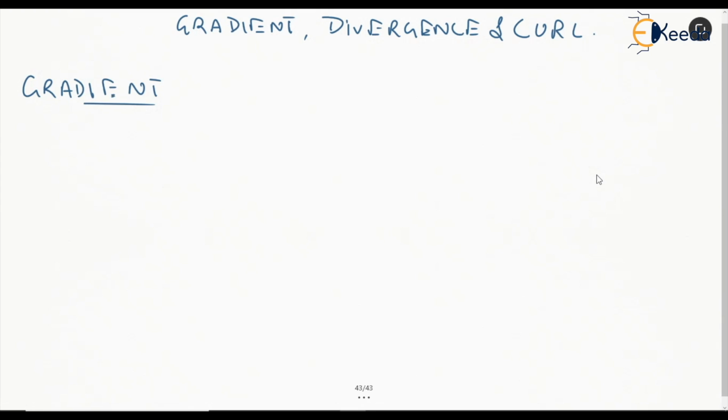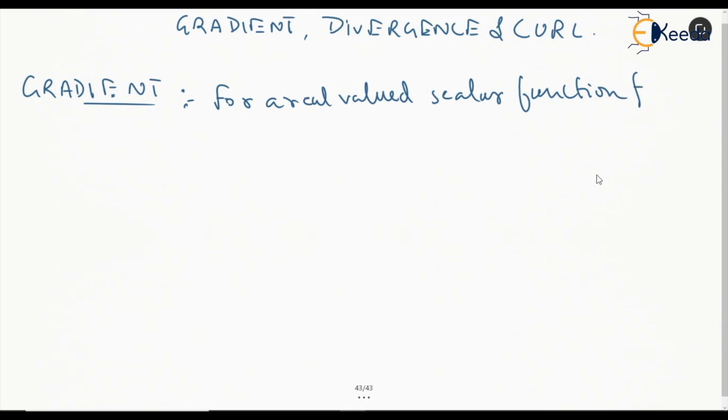It says, for a real valued scalar function small f, we'll try to keep scalar function as small f and vector function as capital F. So let's say we have a real valued scalar function in three-dimensional vector space.